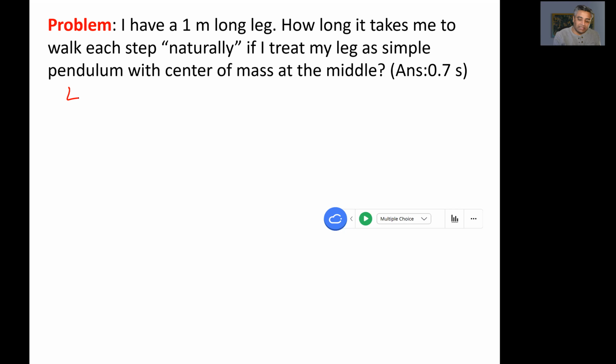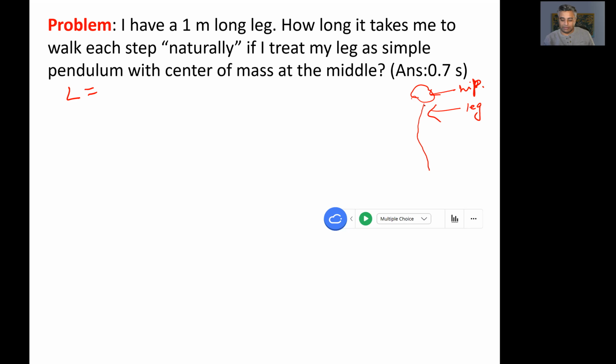So that means length. Oh, I have to be careful here. Leg. So let's suppose that's my hip, a bit circular, okay? And then I have a leg like this. This looks more like a person here, okay?